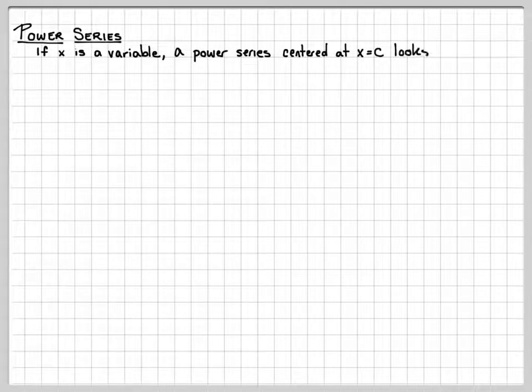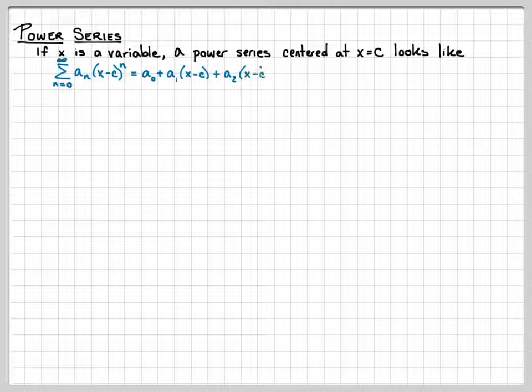So if you take a look at the power series example, it's a sequence centered at c with the first term, (x - c) to the first, (x - c) to the second, up to (x - c) to the nth, and it goes on forever.